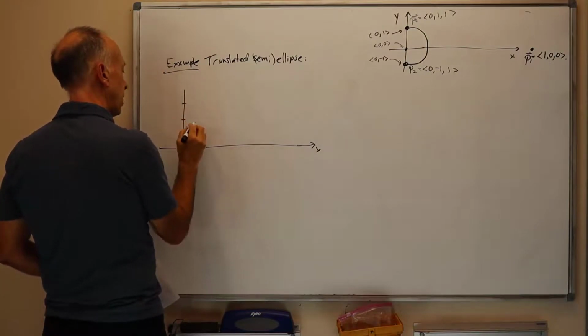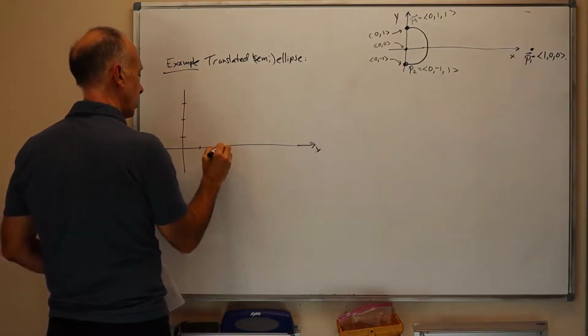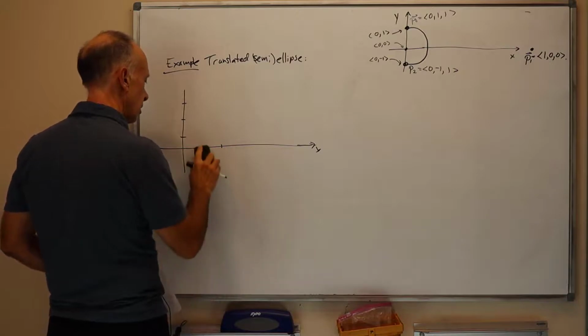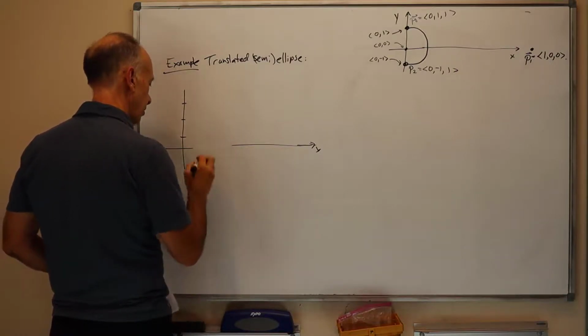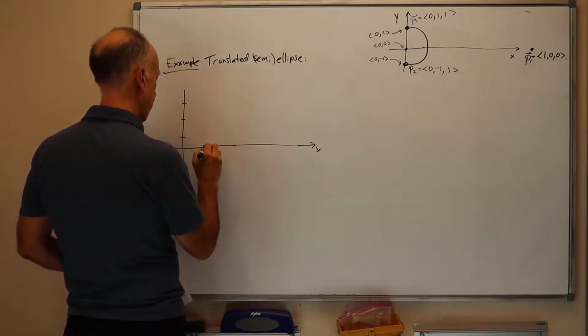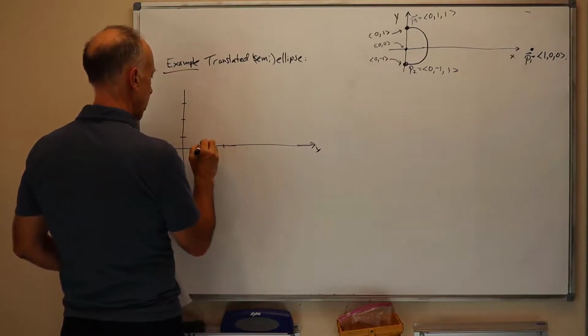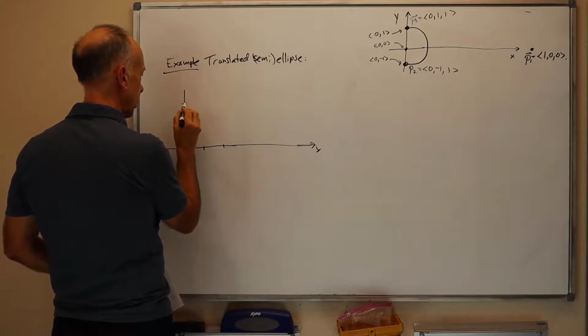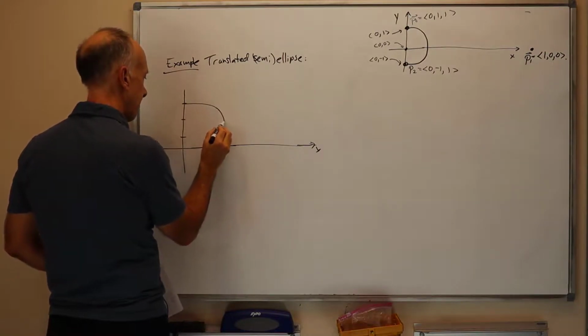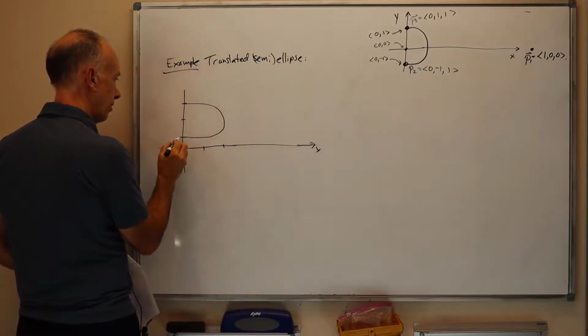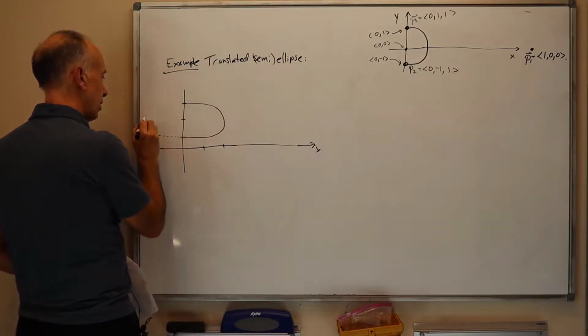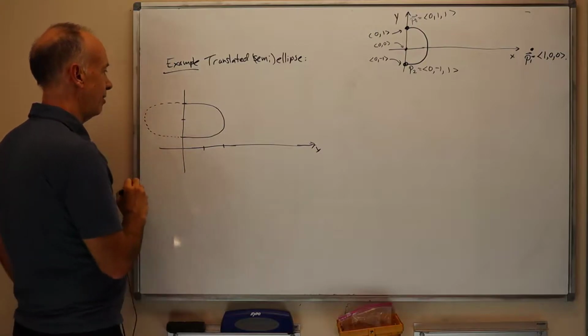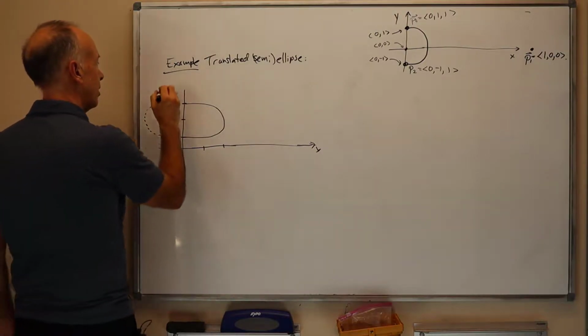The ellipse will have major radius 2, and minor radius 1, so it's going to look like this. Here's half the ellipse, and the other half of the ellipse is over here. Okay, so this is an ellipse.